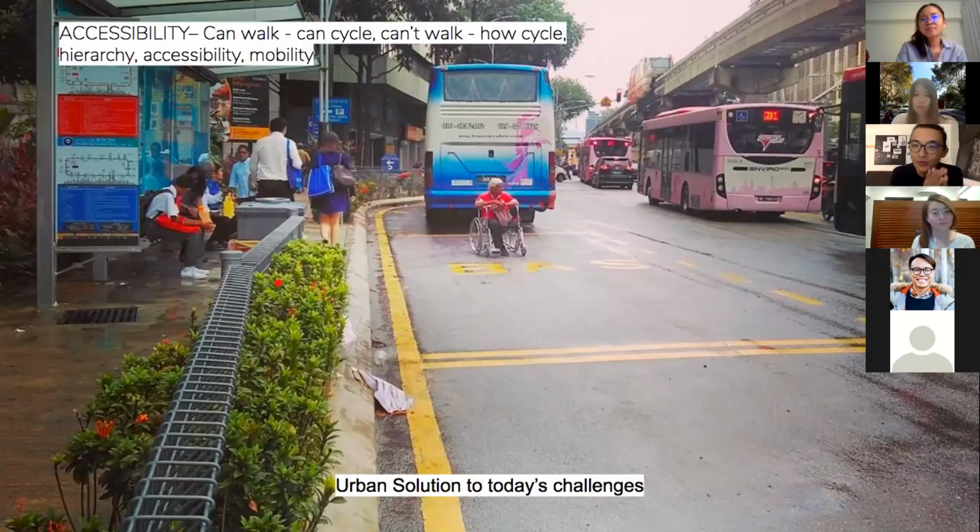So on paper, KL is fantastic, but in real life, it's not. So we have to relook and understand our urban solutions and how to design for behavior, and understand how to change behavior. Not just put one solution, one hat fits all. We have to build case by case.